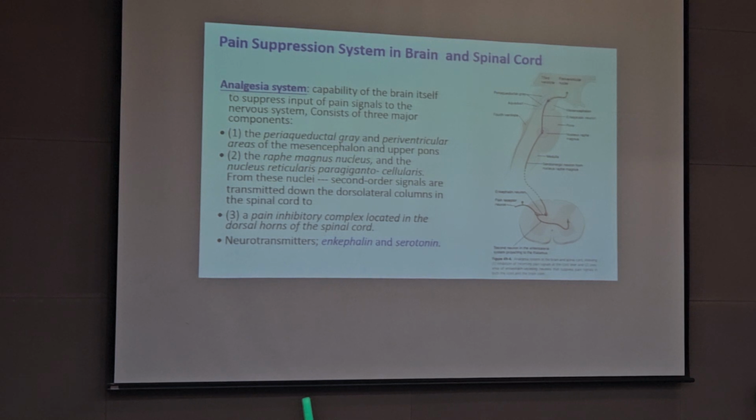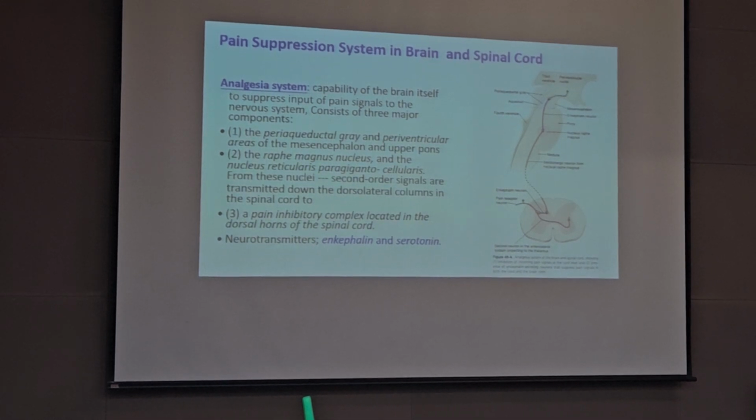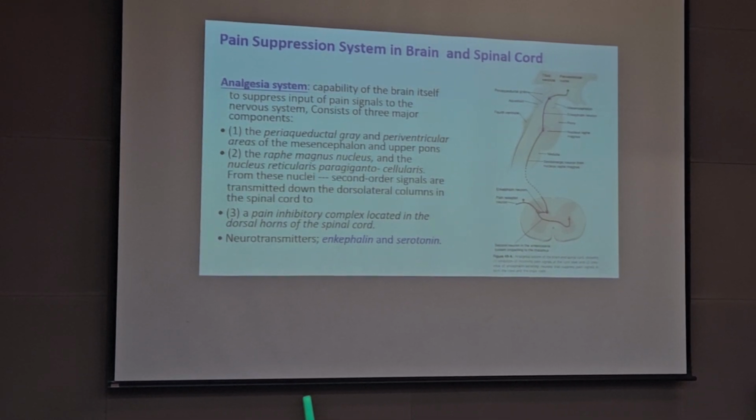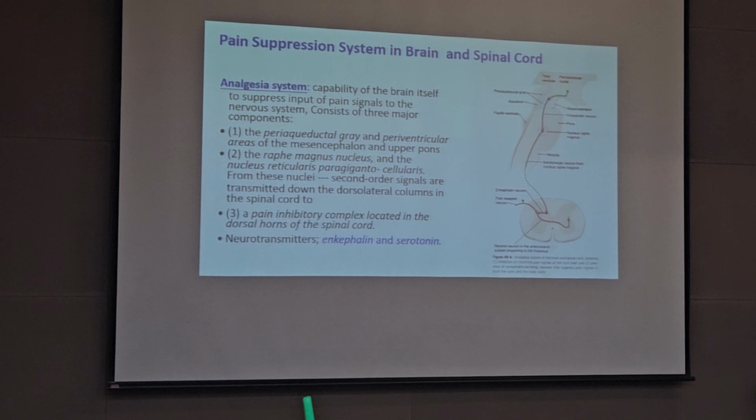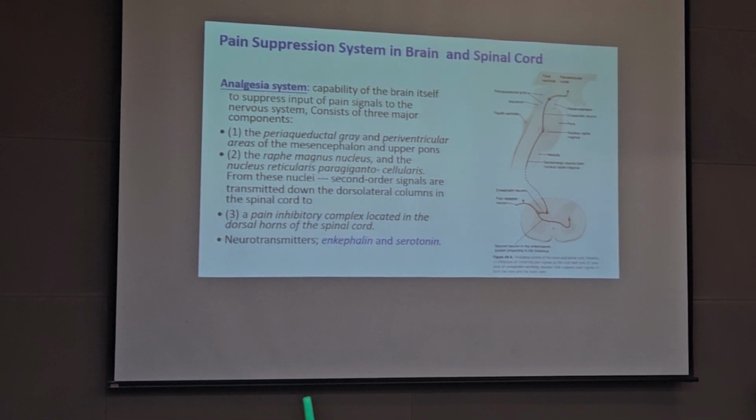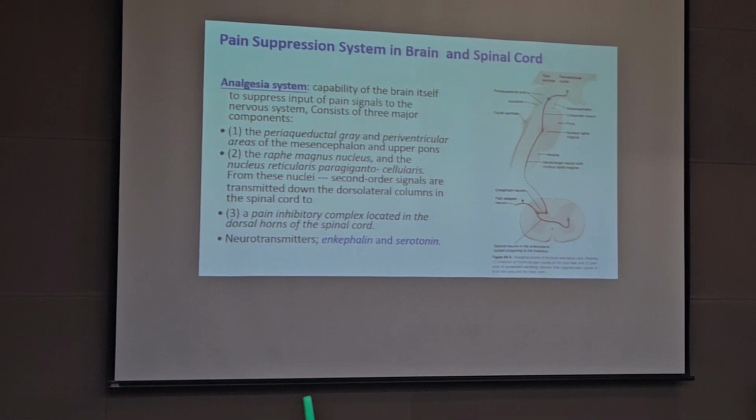The first order neuron's nerve fibers synapse with the second order neuron at the dorsal horn, from the ascending tract, but this descending pathway coming down inhibits that second order sensory neuron. It gives a pain inhibitory complex located in the dorsal horn of the spinal cord, and they release neurotransmitters we call enkephalin, serotonin and also endorphin.